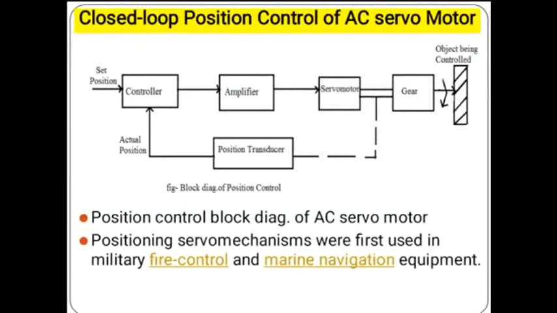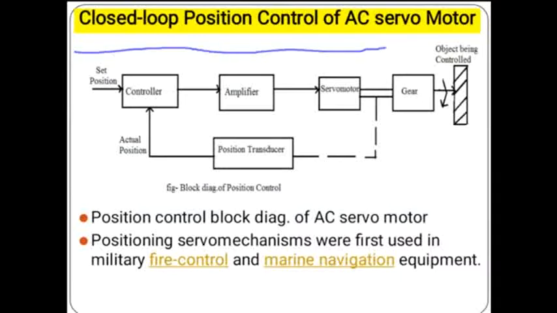Now we will discuss the closed loop position control of the AC servo motor. How is the AC servo motor used for position control in a closed loop system? This is the block diagram of closed loop position control of an AC servo motor.